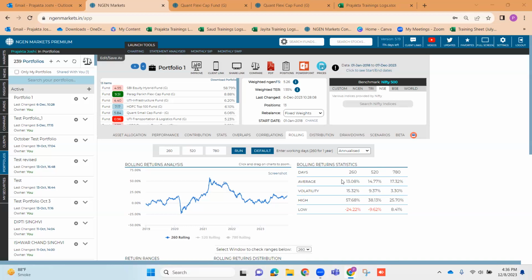For example, one good takeaway from this tab is that 13.08% is the average expected return over a 260-day period, or a 1-year period. The best 12-month return that this portfolio has ever given is almost 60%. The worst one is down 24%. So we hope we don't get that, but that's an idea of how bad things can get. So here, the 13.08% is really an expectation of the 12-month return.